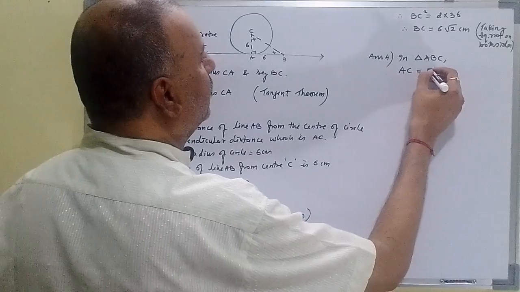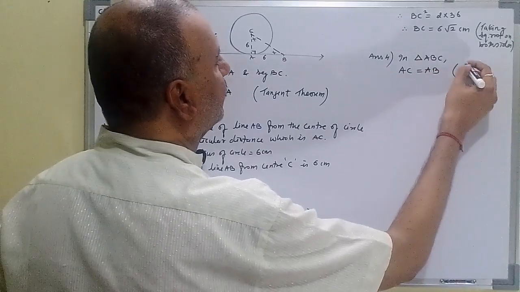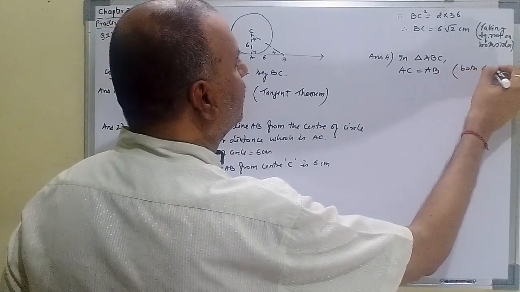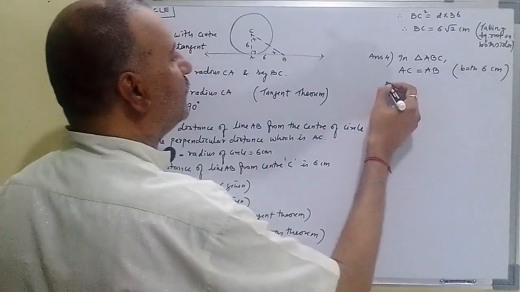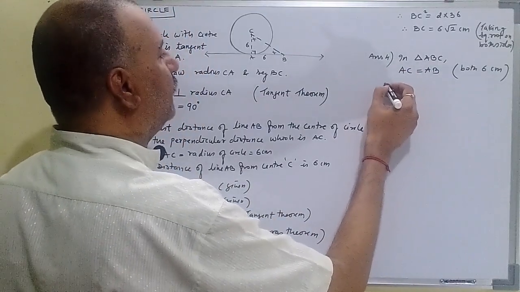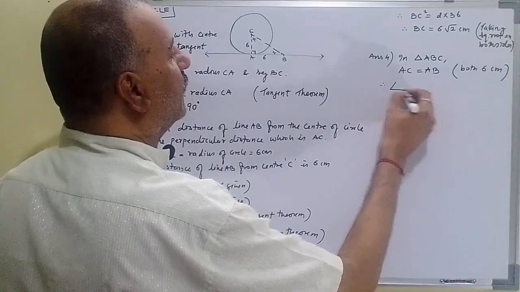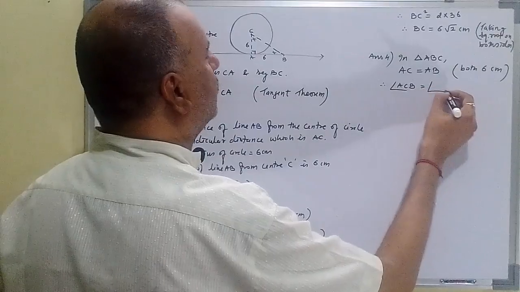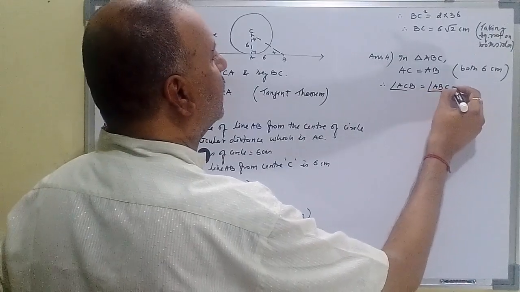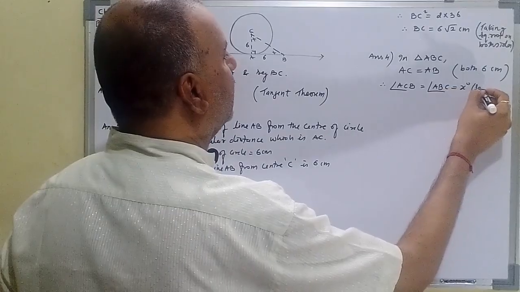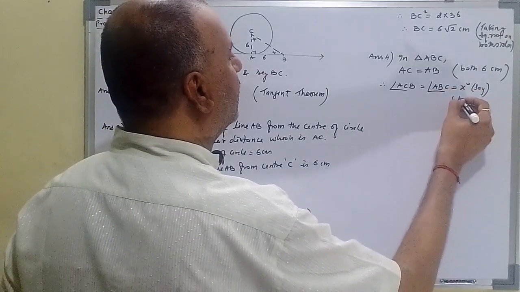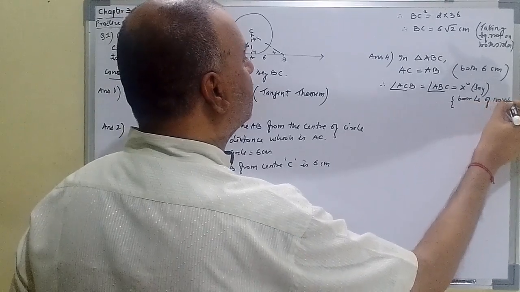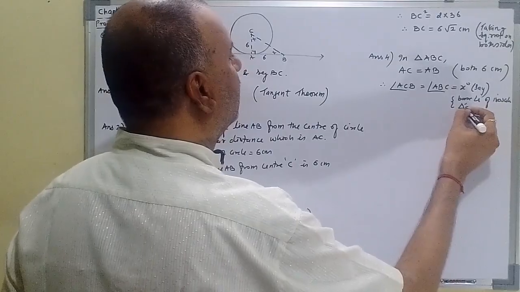AC equal to AB, both 6 centimeters. Therefore, angle ACB equal to angle ABC equal to x degrees. Same. Reason है base angles of isosceles triangle.